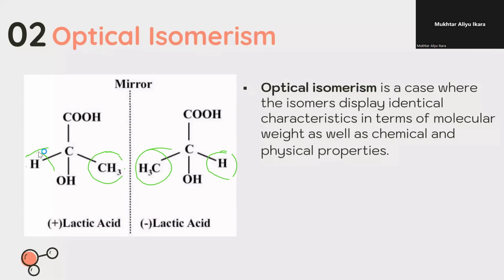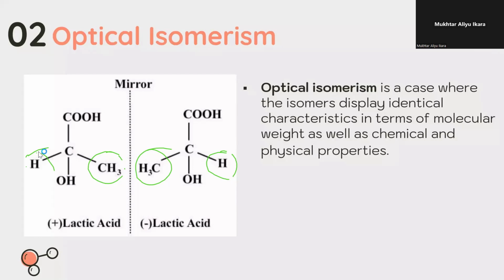So in optical isomerism, we have L and D isomers, that is dextrorotatory and levorotatory. So they are called optically active compounds, and this is always applied to compounds that have a chiral carbon.